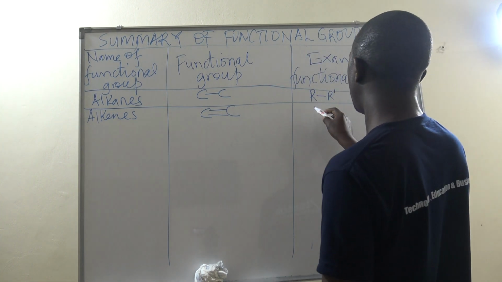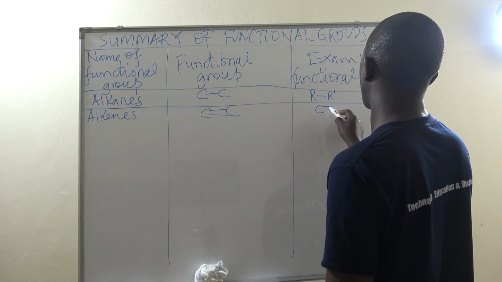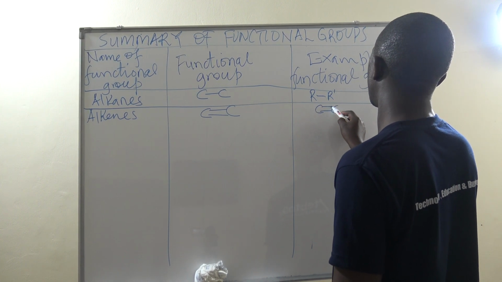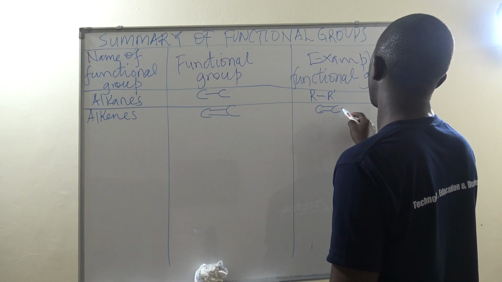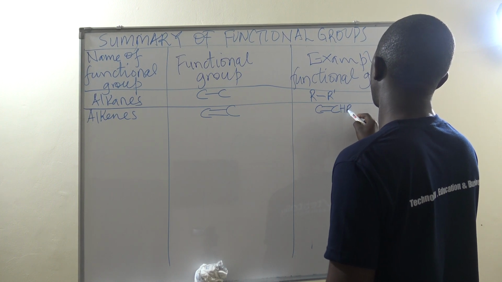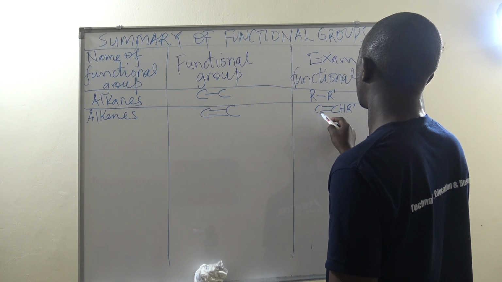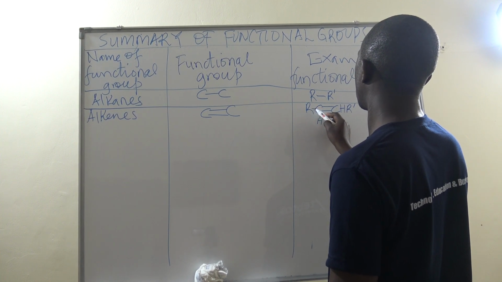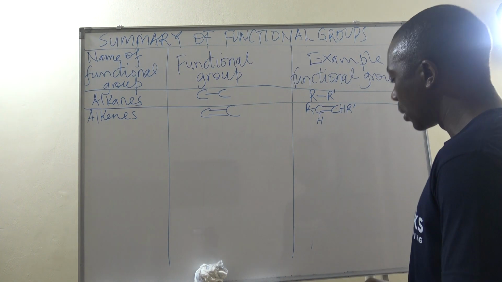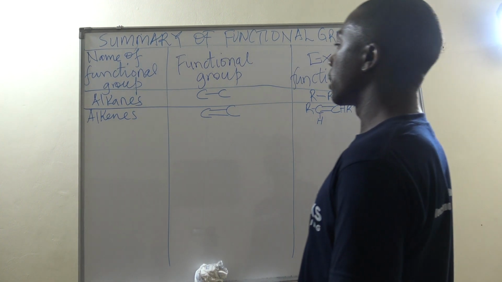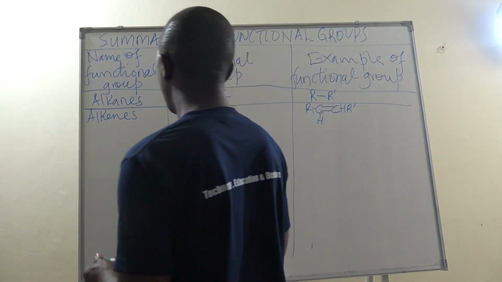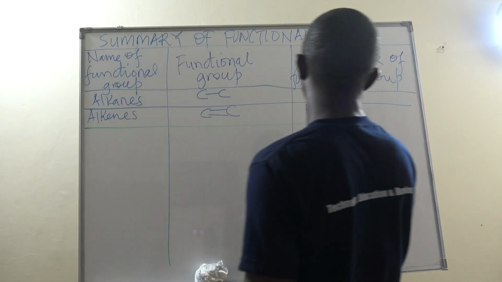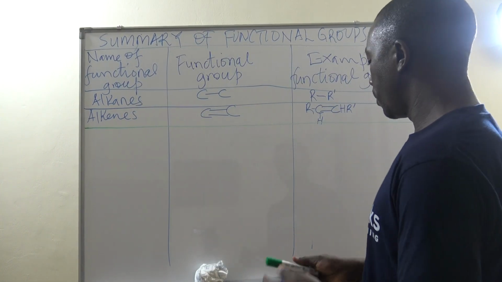So we have a double bond here, like that. That's an example of an alkene.